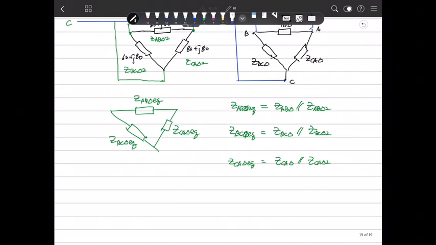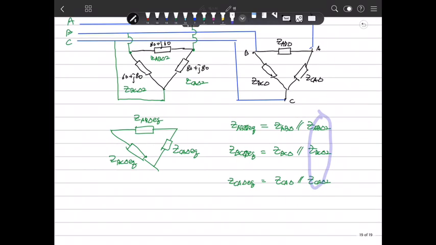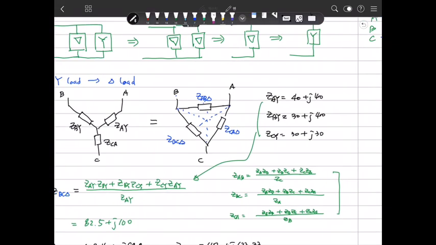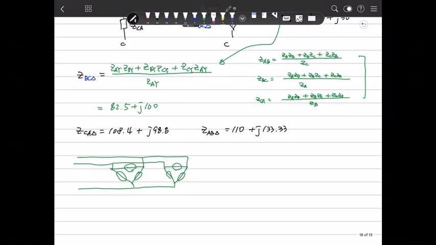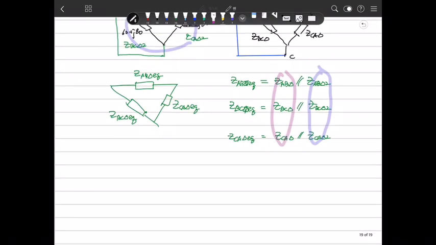So we already know the variables, and we already calculated them here.